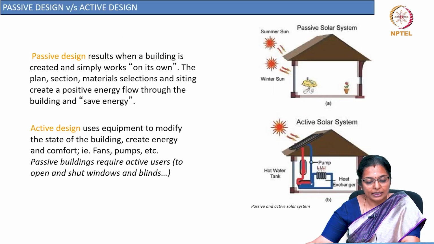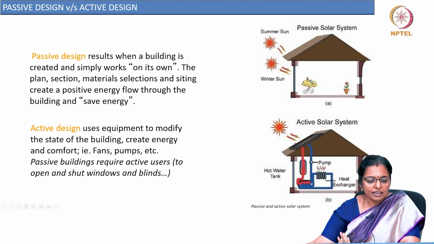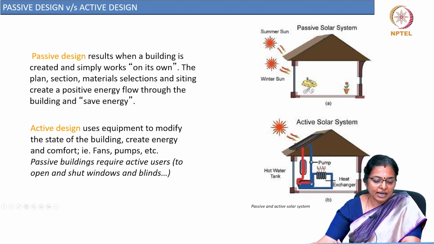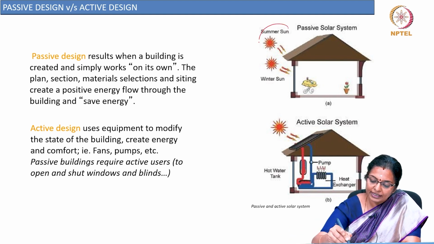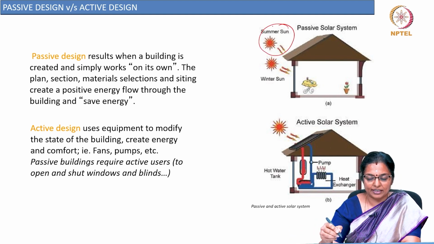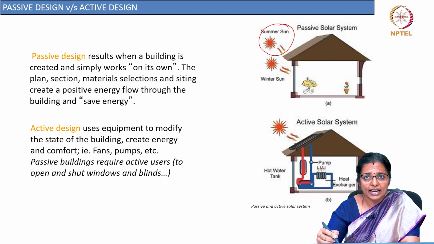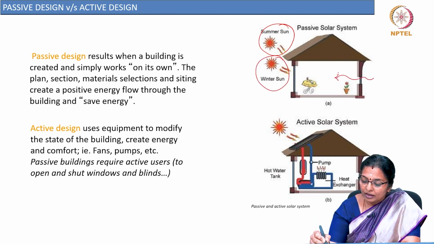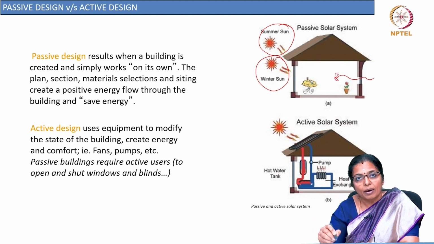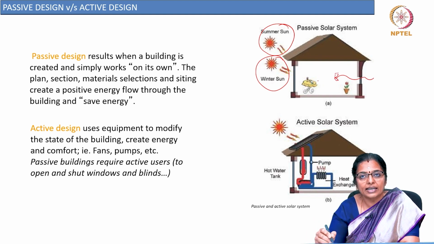First, what we will take is the difference between passive design and active design. Now, passive design happens when you use only the natural effects of the elements around us. So, we use the sun, we use the wind to alter the microclimate inside.